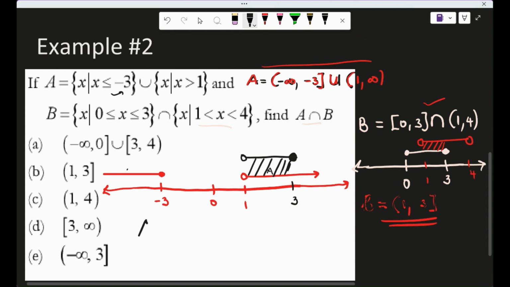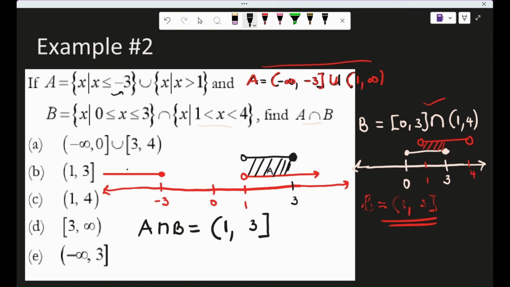And so it means that A intersection B is nothing but this, which is going to be open at 1, and here is 3 closed.